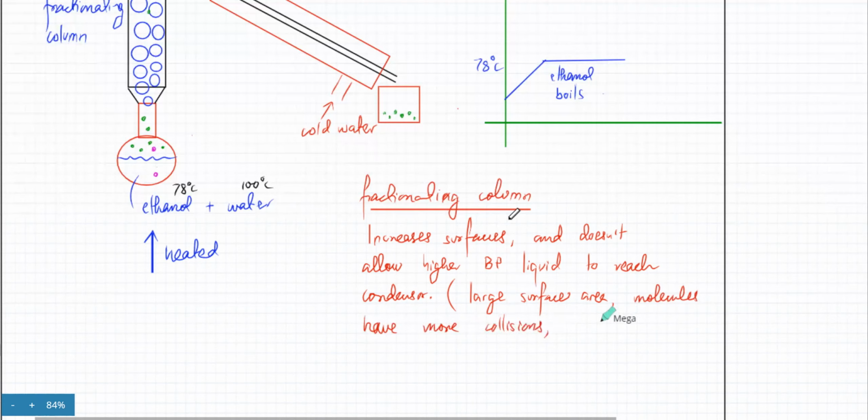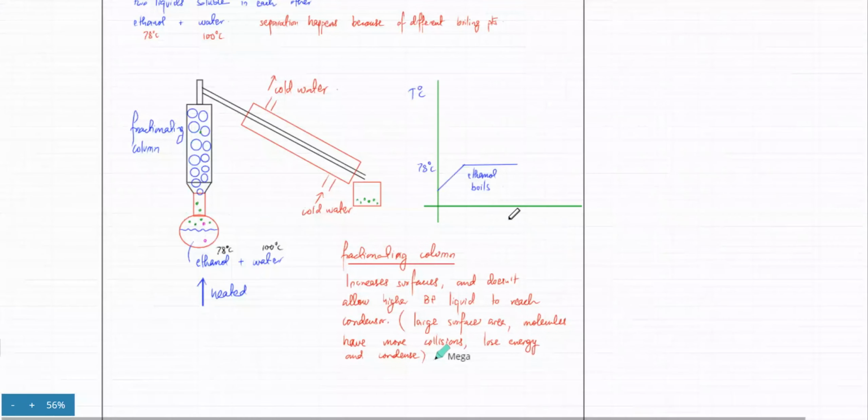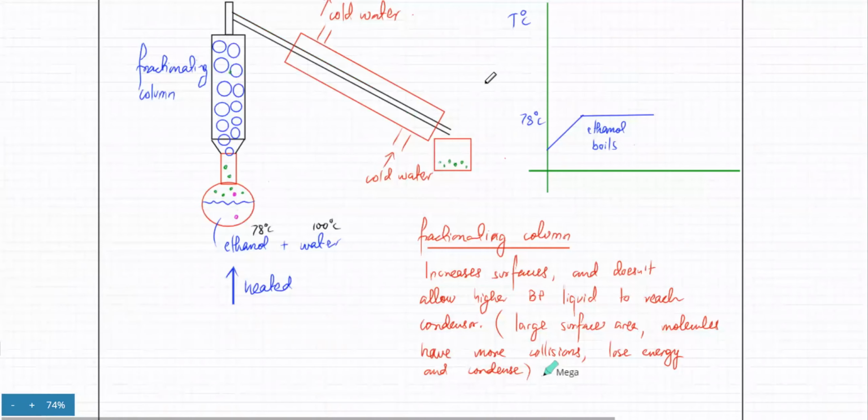Because of that, they lose energy and they condense back. So you'll be asked about fractionating columns a lot, especially when you get questions on distillation.